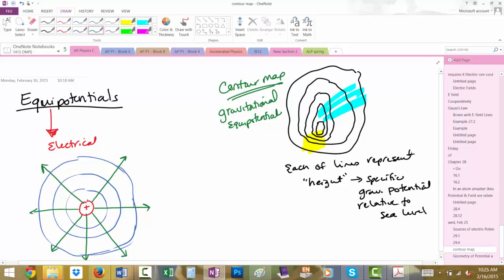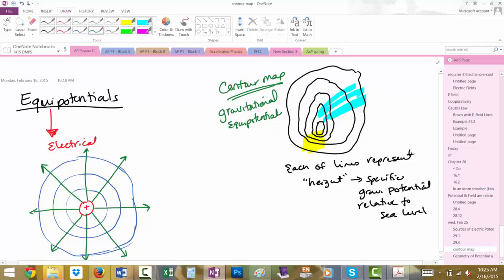So if you know how to draw electric field lines, this is just one more way that potential and field fit together. If you know how to draw the electric field lines, which you do, you can always draw the equipotentials because they're always going to be perpendicular to the field lines. Okay?